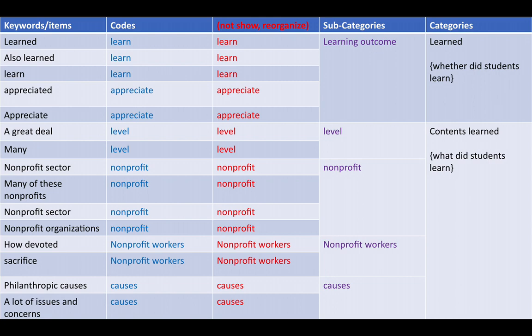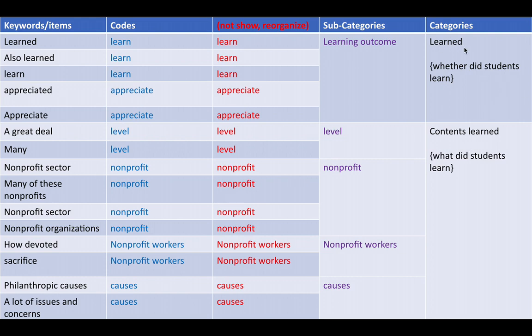One category is learned, because my first research question is whether or not the students learn. The second is what kind of things did they learn? They learned a great deal, that refers to the level of learning. And they learned about nonprofits, about nonprofit workers, and also about philanthropic causes. So these are the contents they learned.